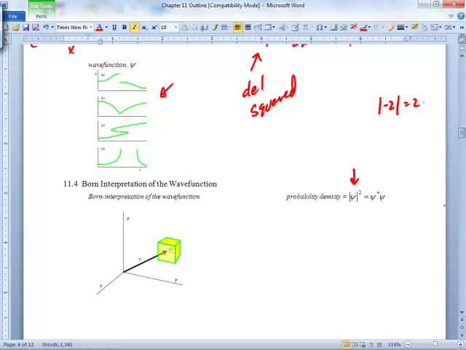That's not what they mean here. It's called magnitude, that's what I say, but what we're supposed to call it is probability density. That should be an N. Probability density.